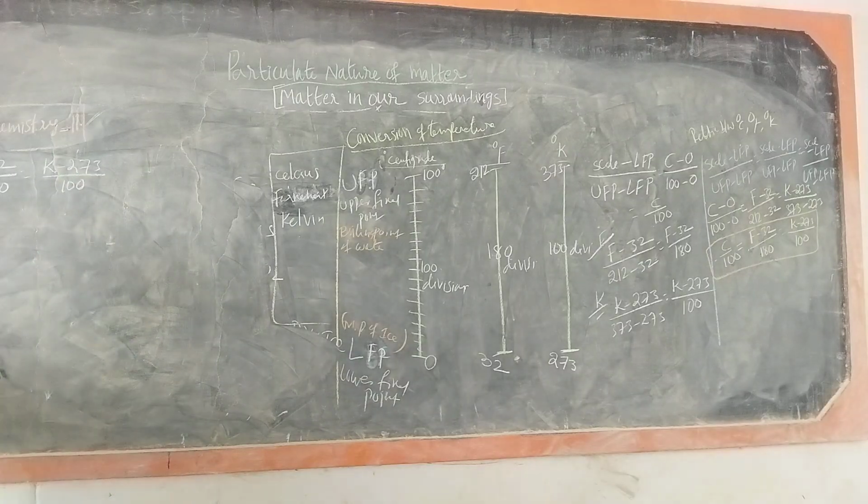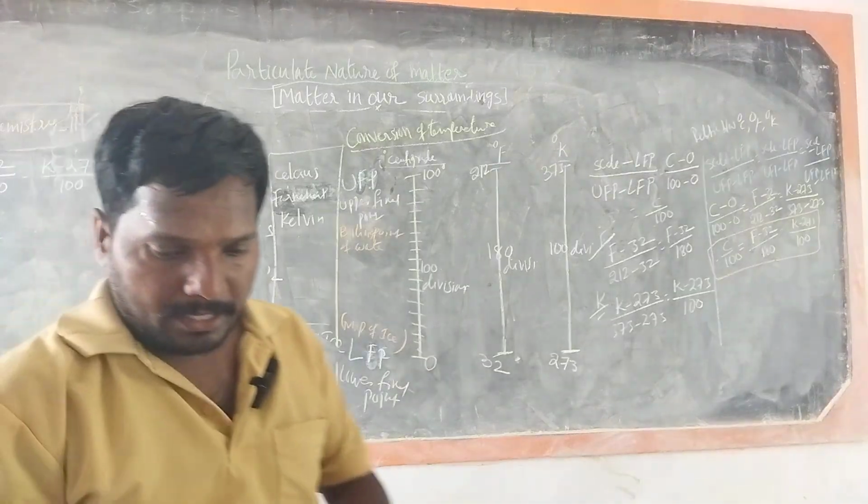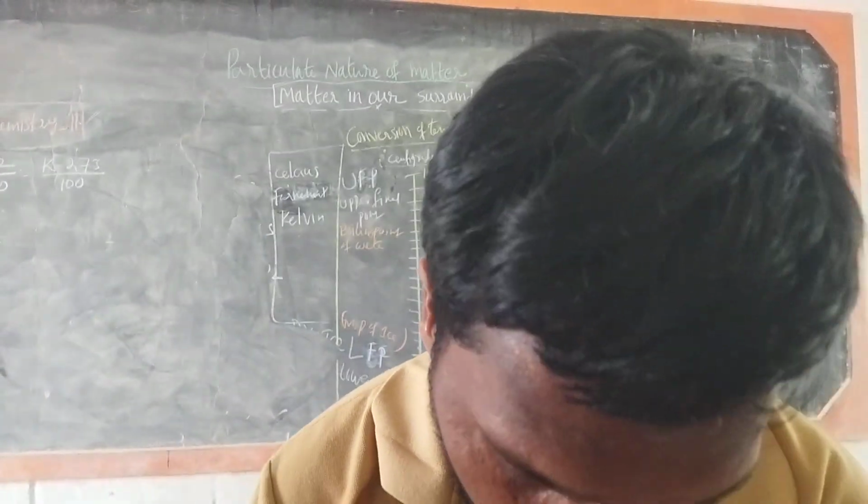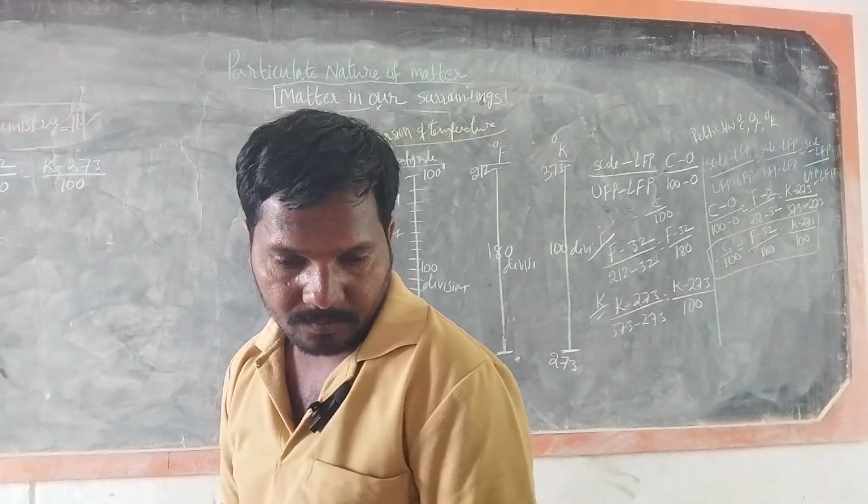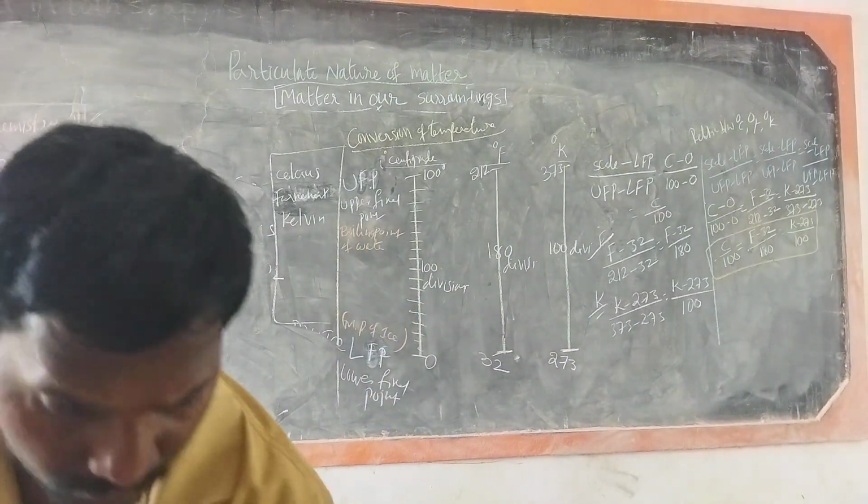Now the relation between degree Celsius and degree Fahrenheit: let us take C by 100 is equal to F minus 32 by 180.